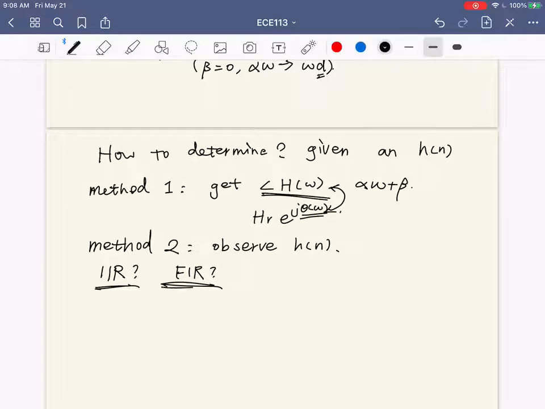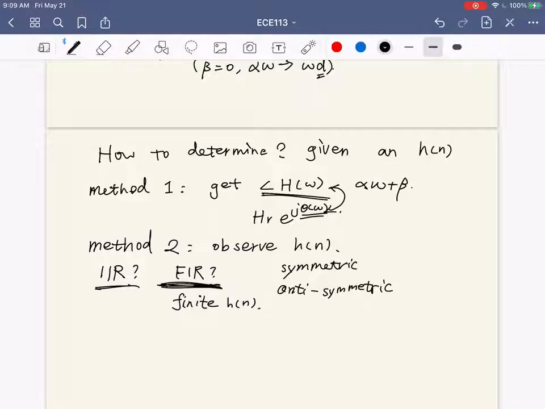So usually what we have is FIR. Given an FIR, which is a finite impulse response, or a finite h of n, we just need to observe if it is symmetric or anti-symmetric.